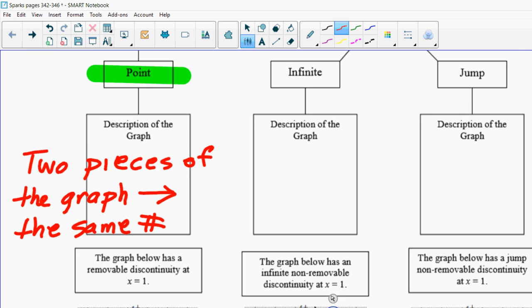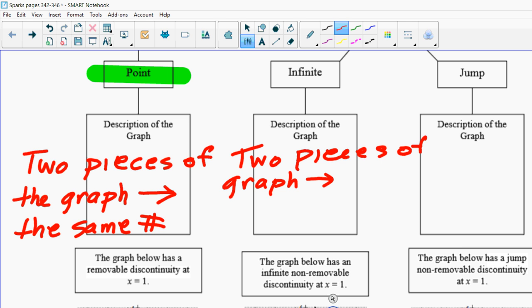All right, an infinite discontinuity. An infinite discontinuity has a vertical asymptote in it. So the description of the graph: the two pieces of the graph approach positive or negative infinity because the graph has a vertical asymptote.